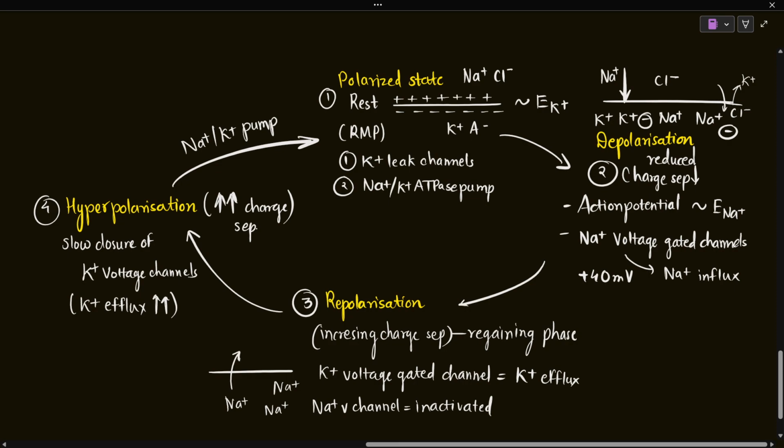So three sodium ions will be pumped out and two potassium ions will be taken in. And this will help us regain the resting membrane potential.